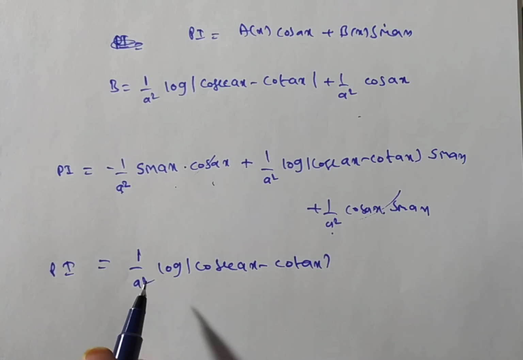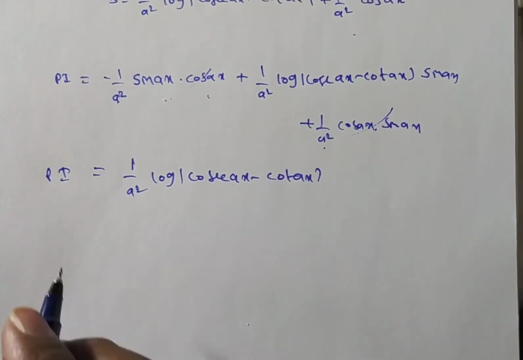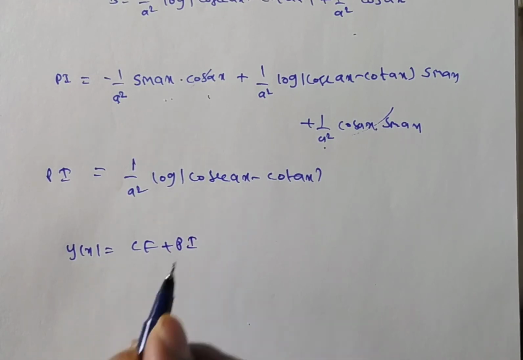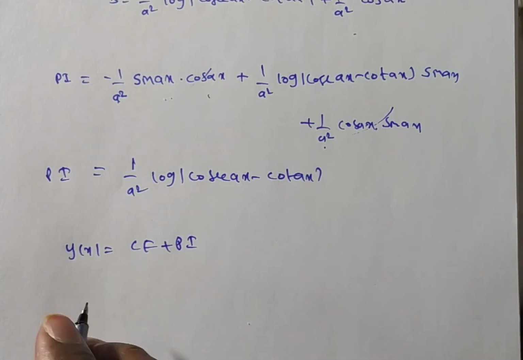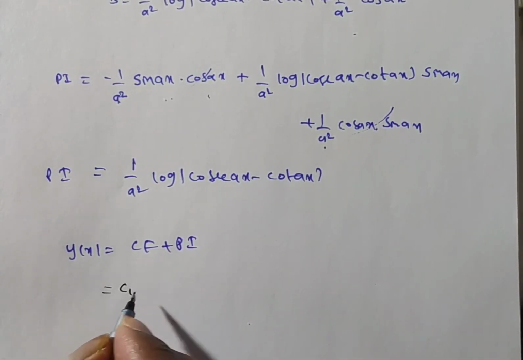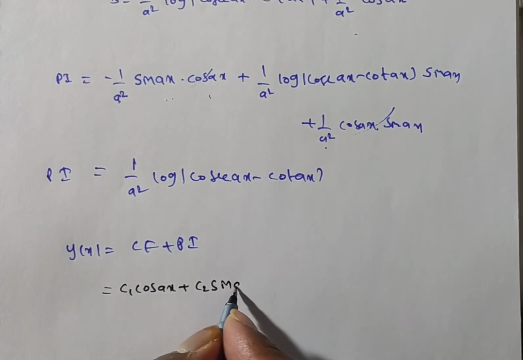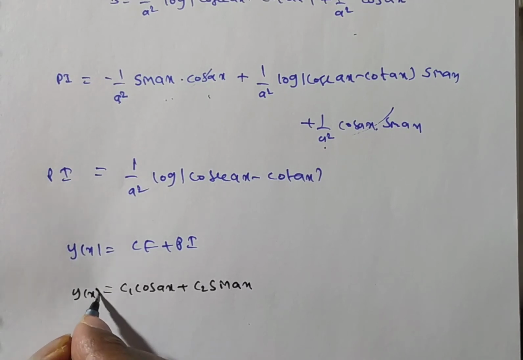Okay, now I have the particular integral, and previously I know the complementary function. Hence the general solution is y of x is equal to complementary function plus particular integral. So what is the complementary function I have? C1 cos ax plus C2 sin ax is the general complementary function.